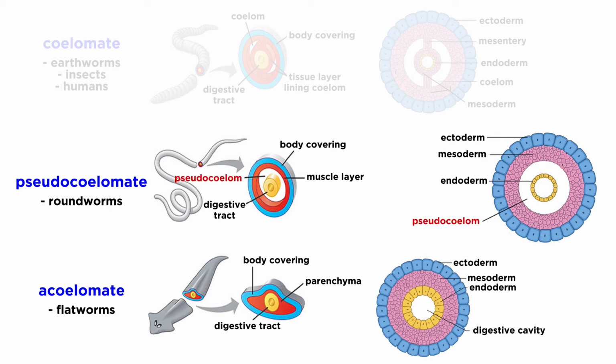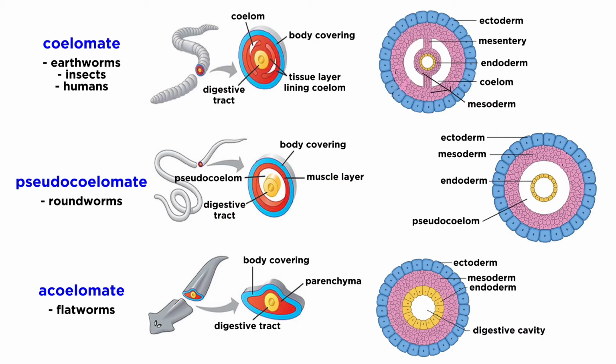They have no muscular or connective tissues around their digestive tract. Lastly, the majority of triploblastic animals, everything from earthworms to insects and humans, are considered to be coelomates. That means they have a coelom, a body cavity that's surrounded by the mesoderm, capable of a multitude of complex functions. All of these features develop during gastrulation.